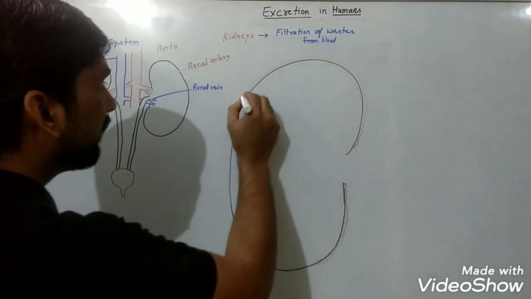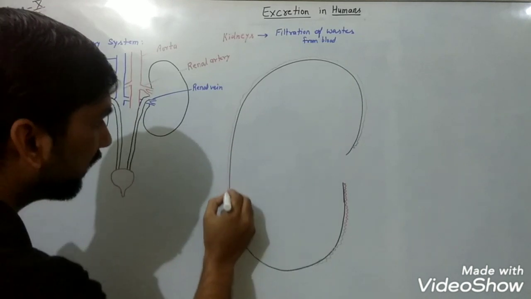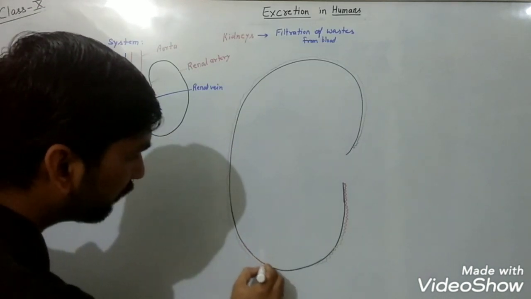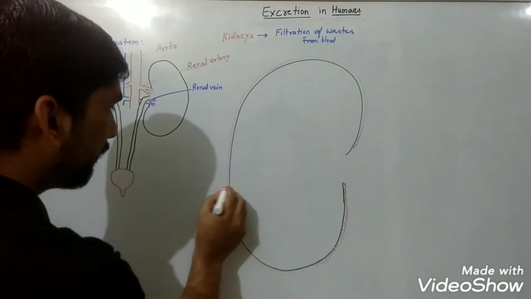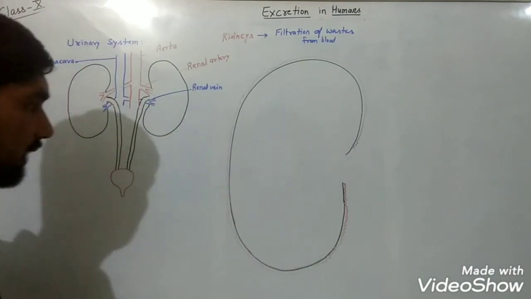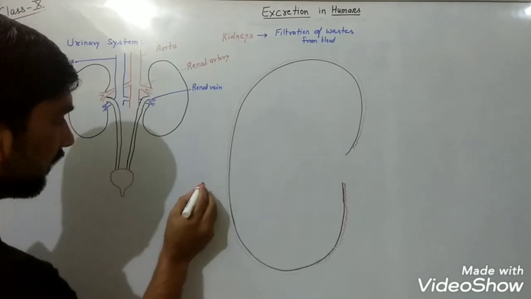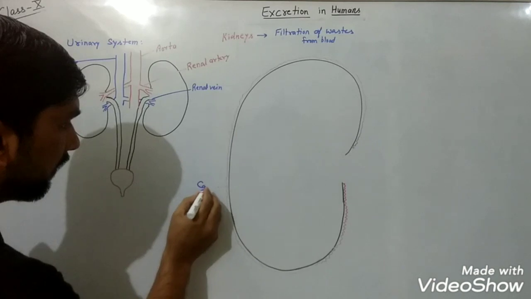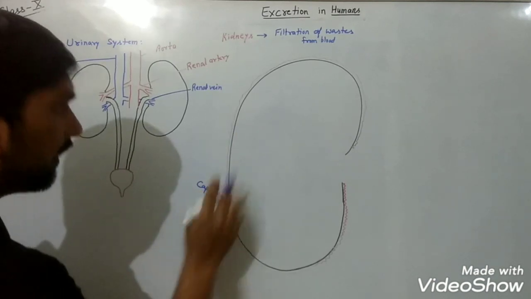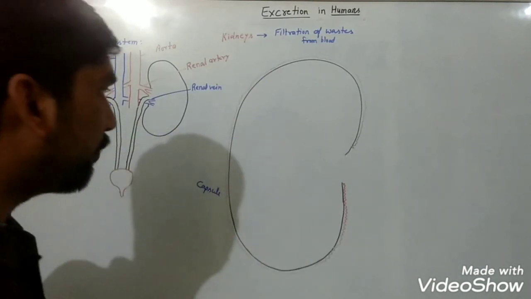Capsule. So capsule is a protecting covering of fibrous tissues around the kidney, which helps in the protection. So this is the covering around the kidneys to protect them.